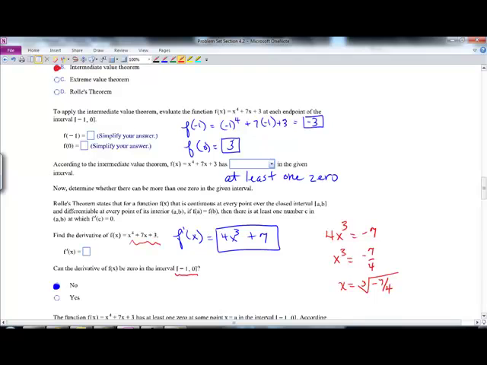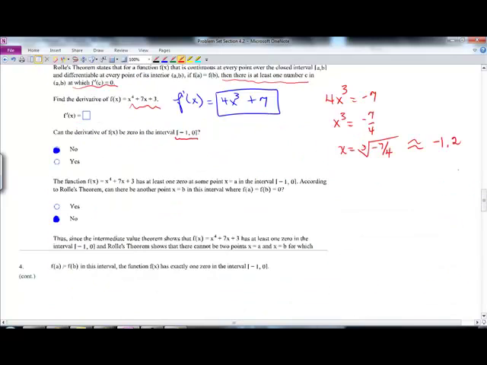And you can take the cube root of that, but it's like -1.2 something, I think, if I remember correctly, when I did it. So that's not in that interval. So that derivative can't equal 0 in there. And so that's what you're kind of trying to see. Is there a number c in there at which the derivative could equal 0? And there can't, so that's a no.